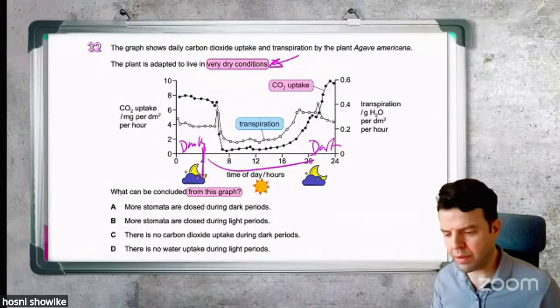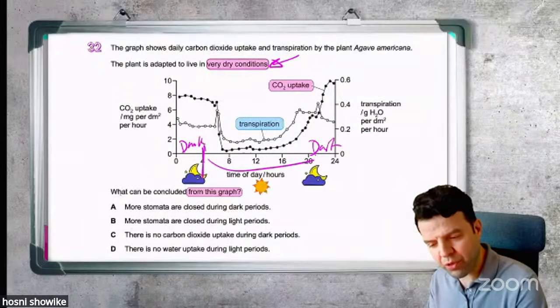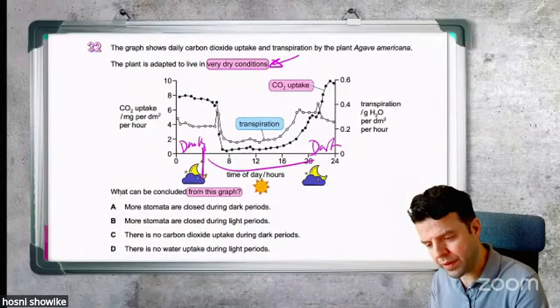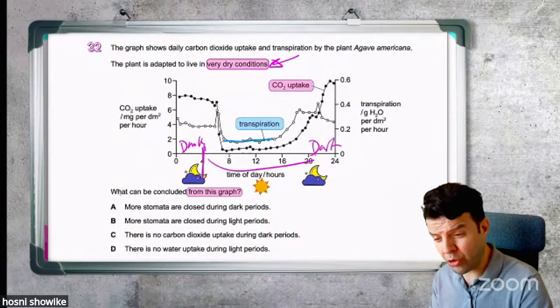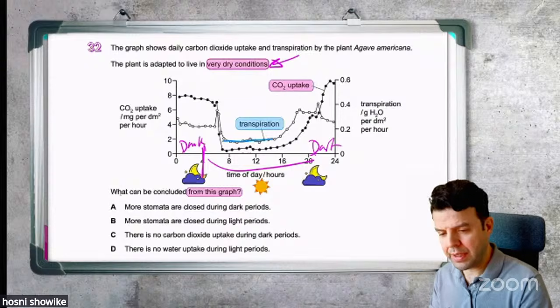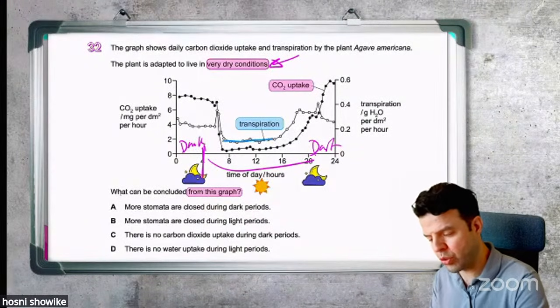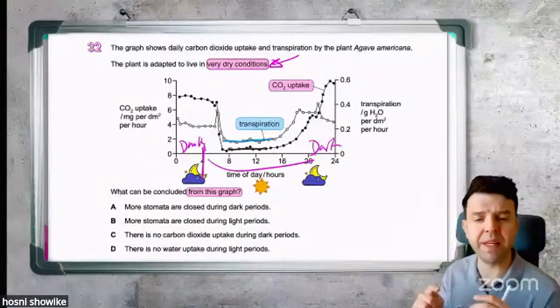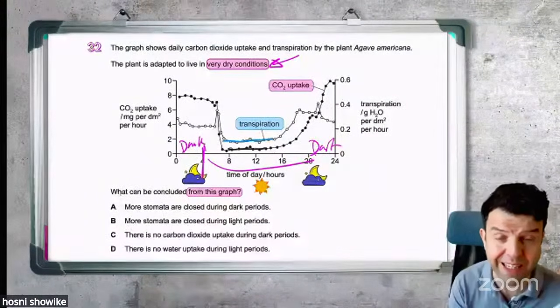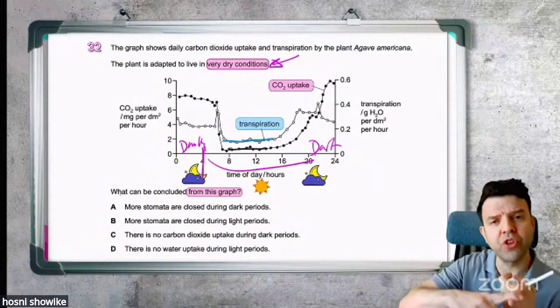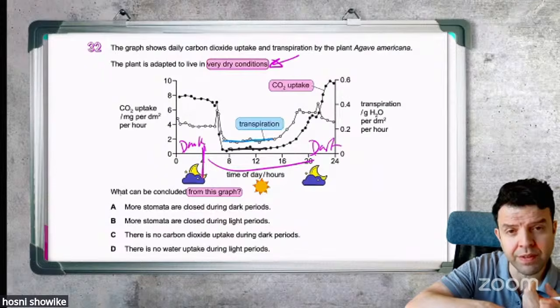The question says, here, transpiration is shown in blue. Transpiration is low, right? What else is low during that time? It is also photosynthesis. Photosynthesis is shown here in black. So basically the plant, at midday, because it's too hot outside, switches off photosynthesis.